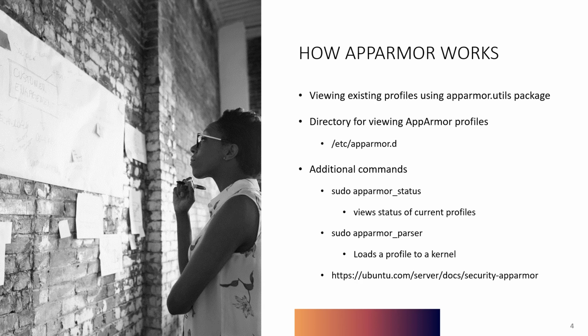The command to see the status of existing AppArmor profiles is sudo apparmor_status. The directory where AppArmor profiles can be viewed is /etc/apparmor.d. Additional important commands can be found within the Ubuntu server doc. I've provided the website link within this presentation.